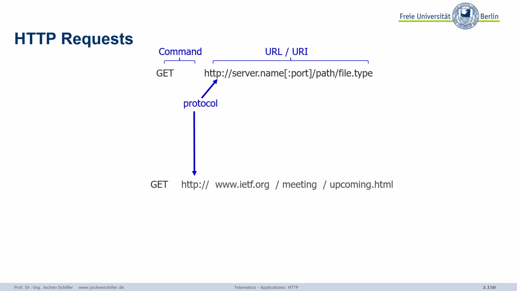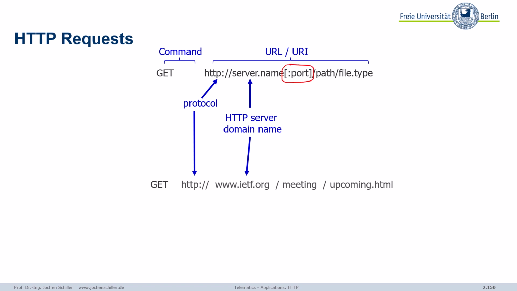So we tell the protocol. After that, we tell the server domain name. You know this from DNS. Okay, we have a name, we know DNS, we will use DNS to map this to an address. And after the name of the server, there might be a port.